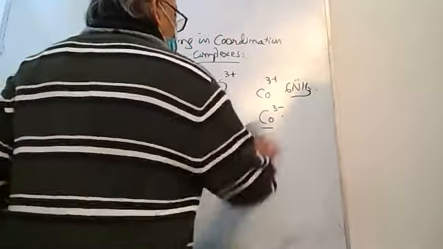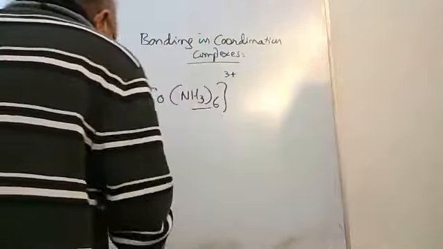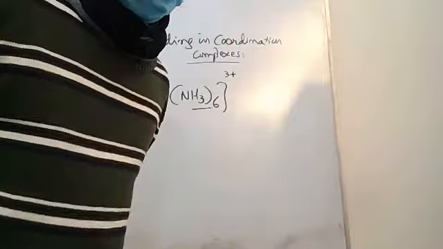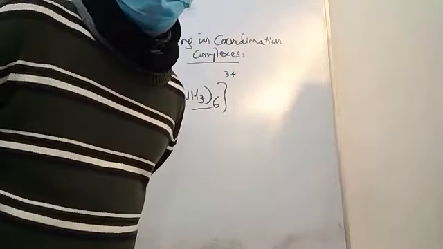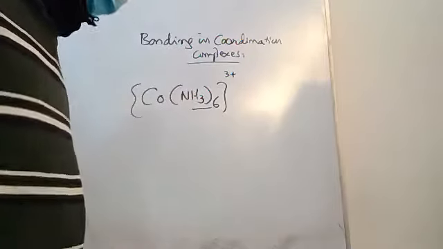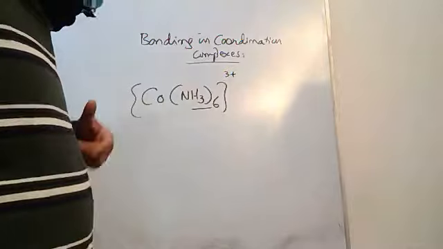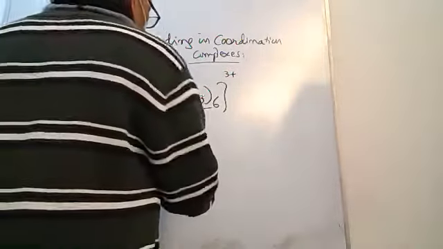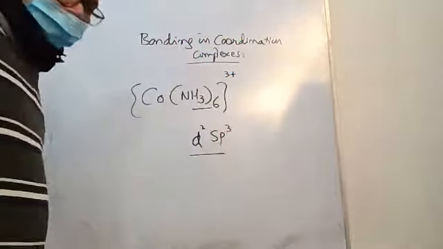So Linus Pauling, as you all know, one of the greatest scientists ever to walk on this planet, came up with an idea that might explain a little bit about how the bonding happens. What he said was, just like the hybridization that happens in simple molecules, if you have an octahedral geometry, the cobalt will use 2 of its d orbitals, 1 s and 3 p's.